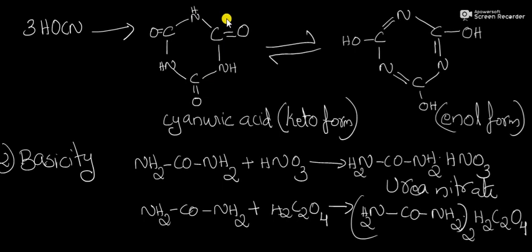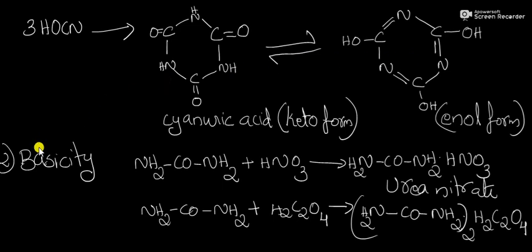This is the structure of cyanuric acid, a polymerized form. This cyanic acid trimerizes into cyanuric acid, and this is a keto form which tautomerizes into the enol form. This is its enol form. That's about action of heat.